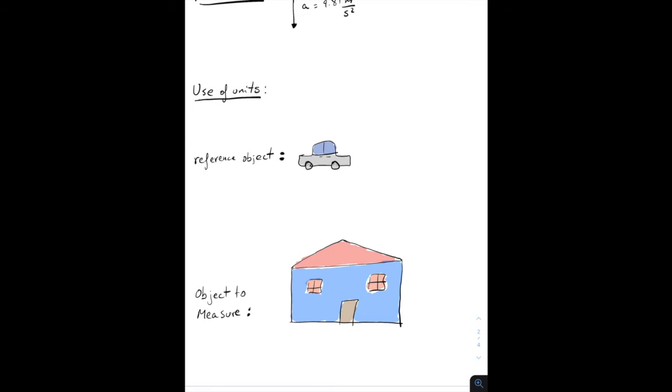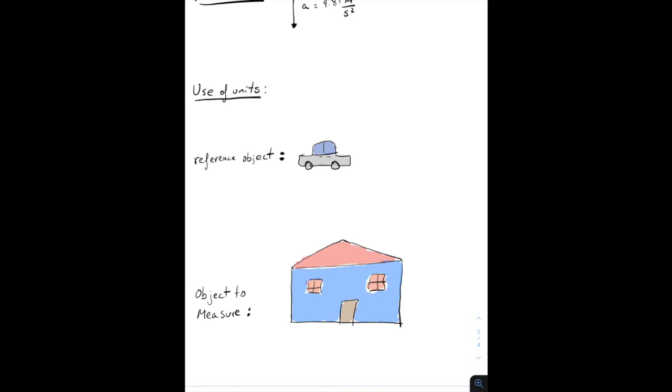So when we measure a physical quantity, we do this by comparing the physical quantity we want to measure to some other reference standard physical quantity. I know this may not make sense right now, but let's illustrate this with a simple example. Imagine we have this car and this beautiful house, and we want to measure the length from one end of the house to the other.